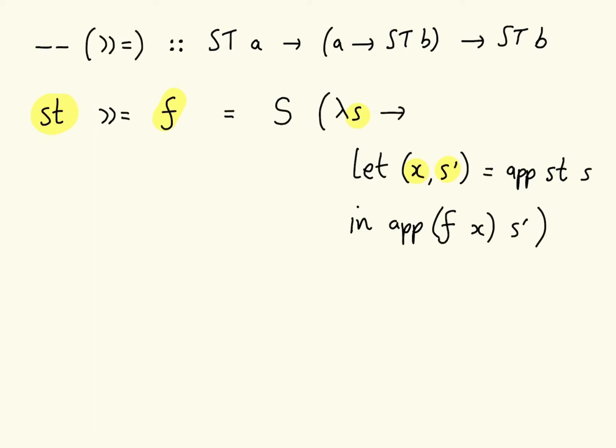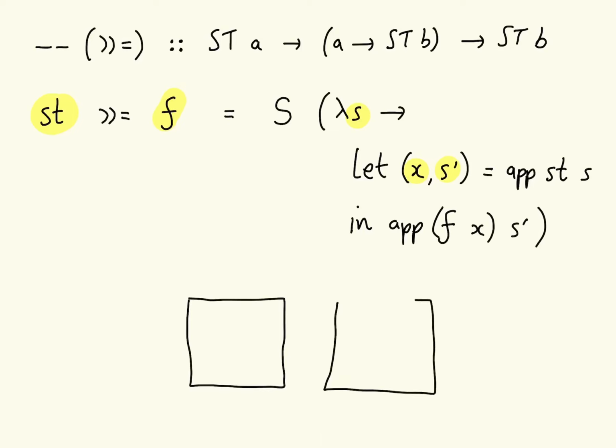So what I'd like to do to wrap things up today is just show you a picture of this, and I think the picture very clearly explains what's going on with the definition above. So what we're doing is composing two things. We have a state transformer st and we're feeding its result into a function f, and all that's happening in the code above is we're taking in an initial state s, and then what we're getting out is a possibly modified state s prime and a result value x, and these are going into the function f.